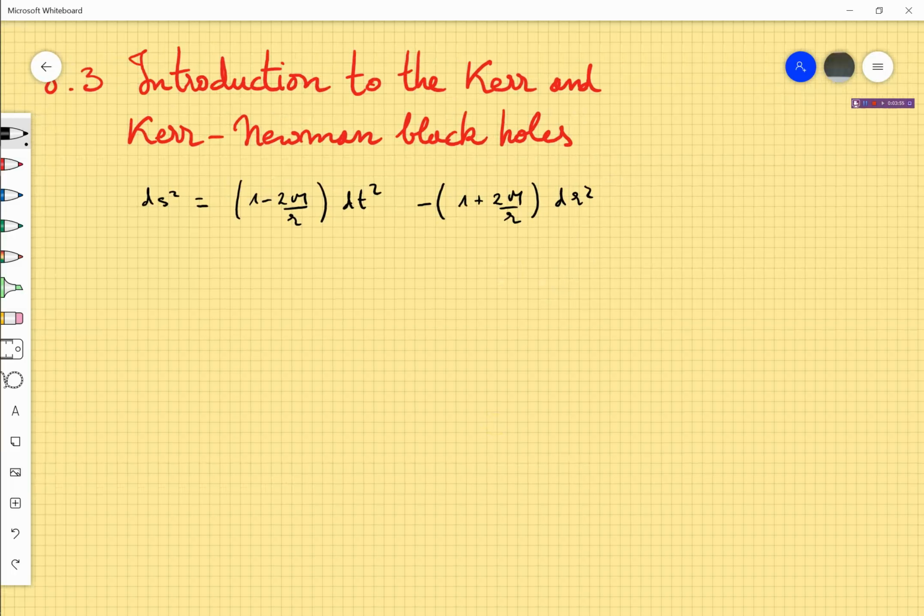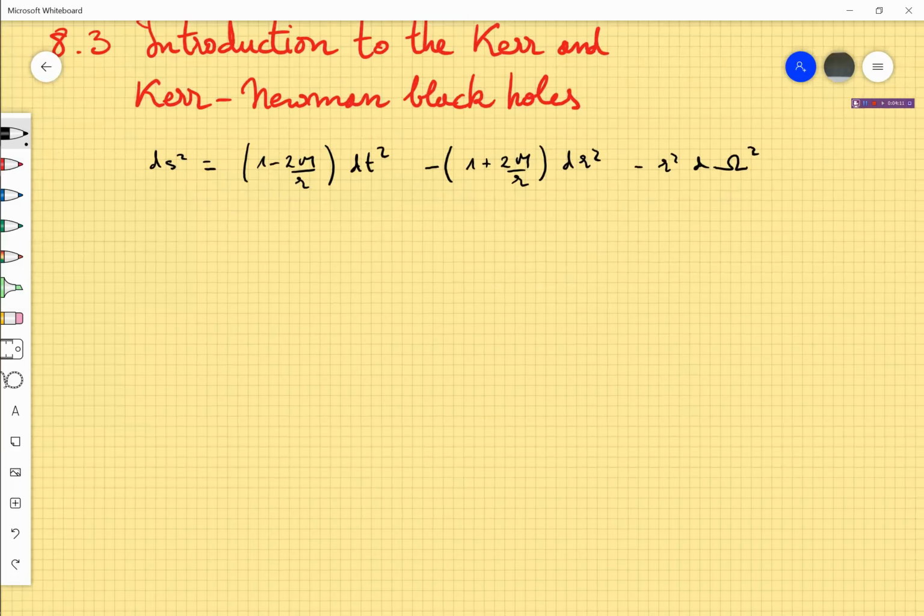This is what you get. Okay, so far so good. This could be the asymptotic expansion of any static metric of an object of mass m with a spherical symmetry. And the term that makes a difference with this case is this one.